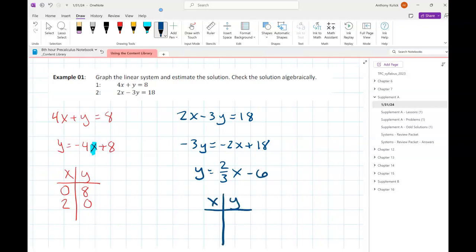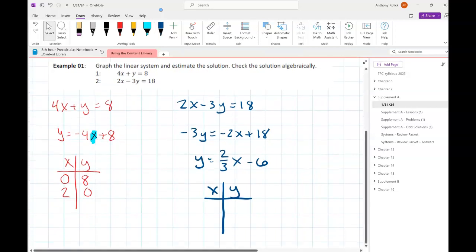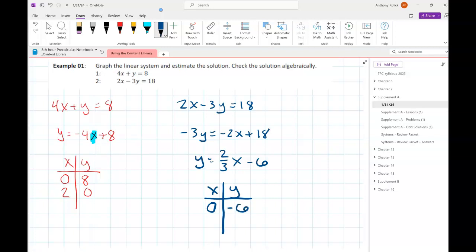We'll do the same thing. What x's should I pick? 0 sounds like a good one. What's the y when I pick 0? Negative 6. What's another one? I wouldn't pick 1. I mean, you could, but what's the problem with picking 1? We get a fraction, right? What values of x could I pick so that I don't end up with a fraction for my y?